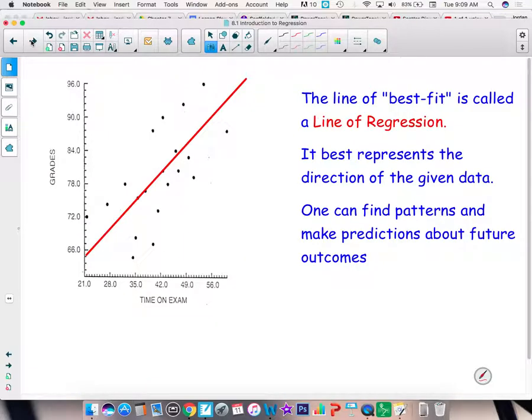So when we actually do that line of best fit, that's called the line of regression. We called it linear regression before, but we use line of best fit more often in Algebra 1 and Algebra 2. Now we're going to be using linear regression or line of regression. Go ahead and write these down here.